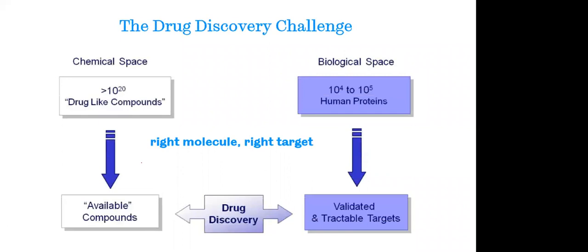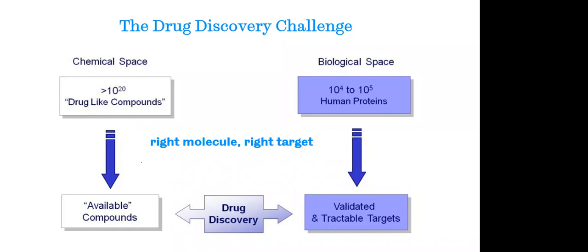Okay, what are the challenges in the drug discovery process? First thing is chemical space and biological space, because the compounds we are defining are chemical compounds, but they should act on human proteins, which define the biological space. So the human proteins involve the biological space and the drug compounds involve the chemical space.